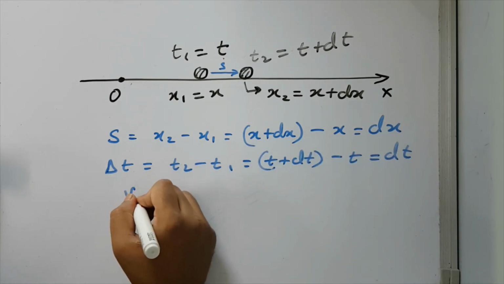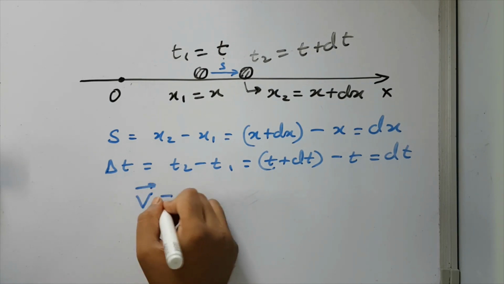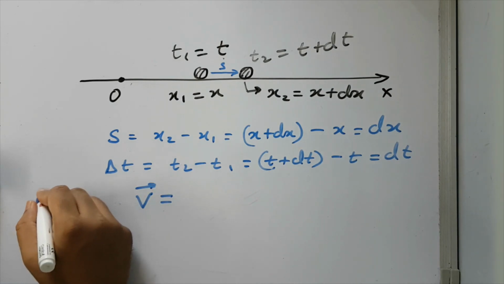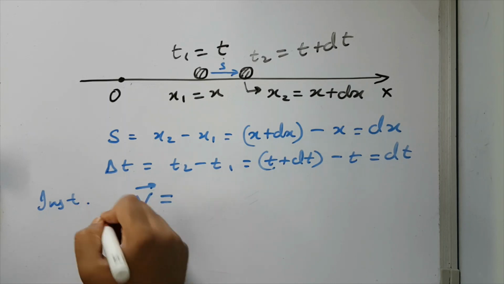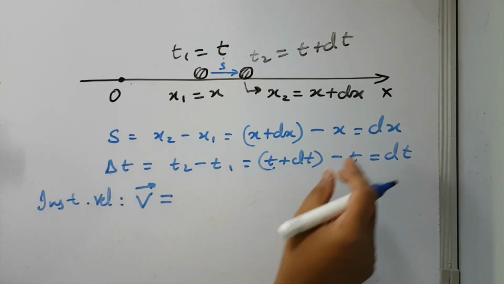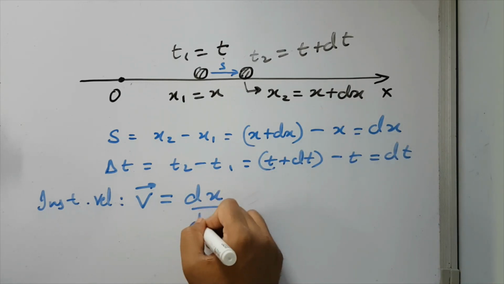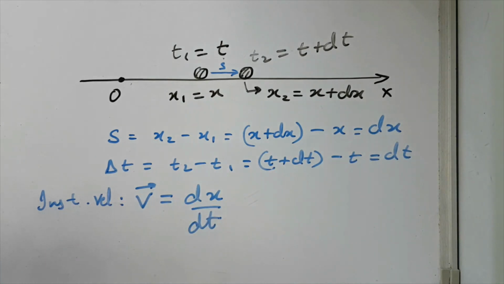So the instantaneous velocity, we'll just denote it using v vector, would be the small displacement by small time, so it is written as dx by dt. So that is dx upon dt.